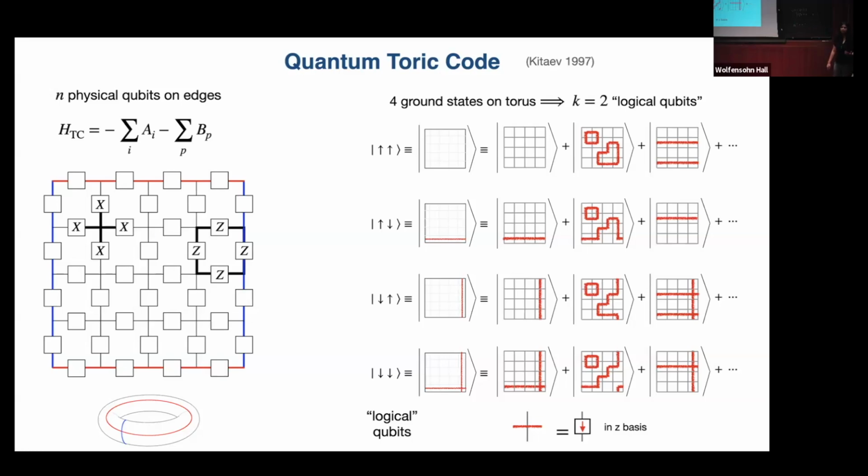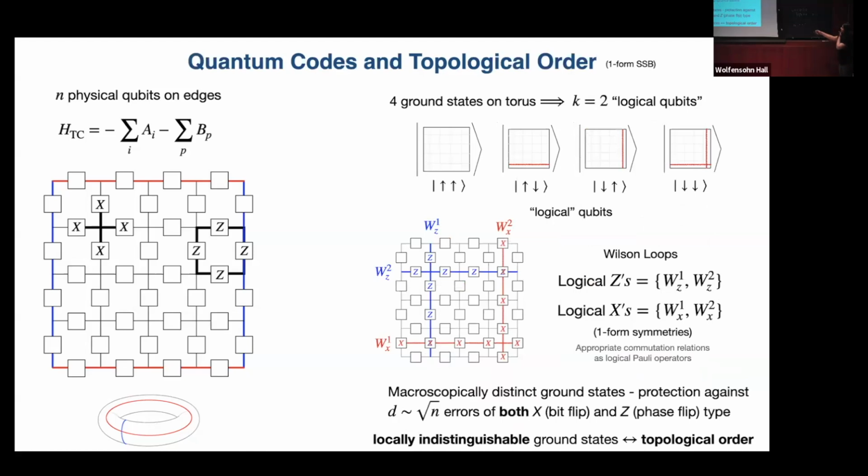So those can be used to label the different ground states in the problem. The ground states, up up, up down, down up, down down, in this logical space, are labeled by what this type of non-contractible loop is doing. And then on top of that, you add all the contractible loops that you had previously.